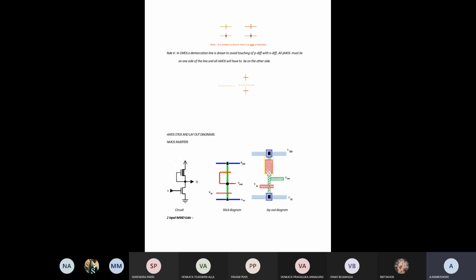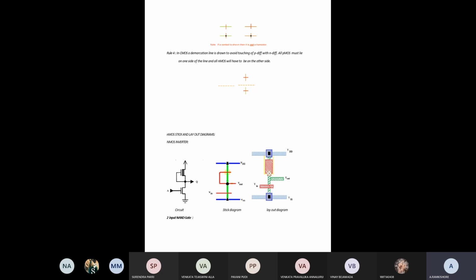I think you have already learned this type of design, that means CMOS design and NMOS design. You have some knowledge about how to draw circuits by seeing the Boolean expression, the logical expression. So you are familiar with drawing different circuits.